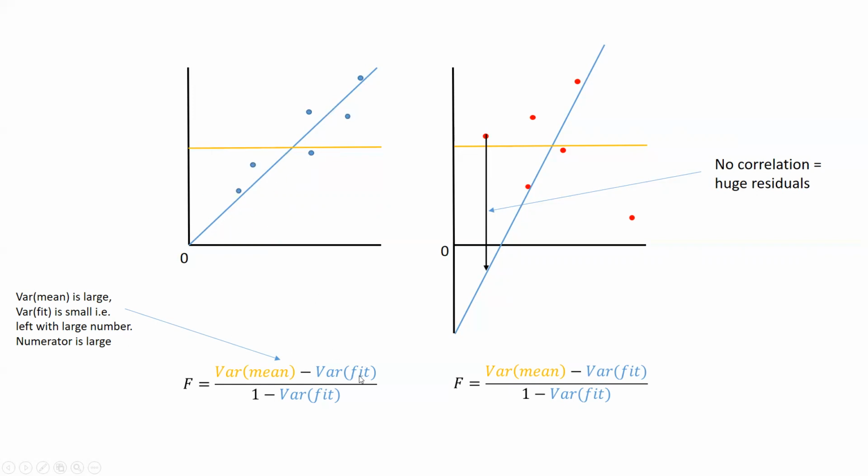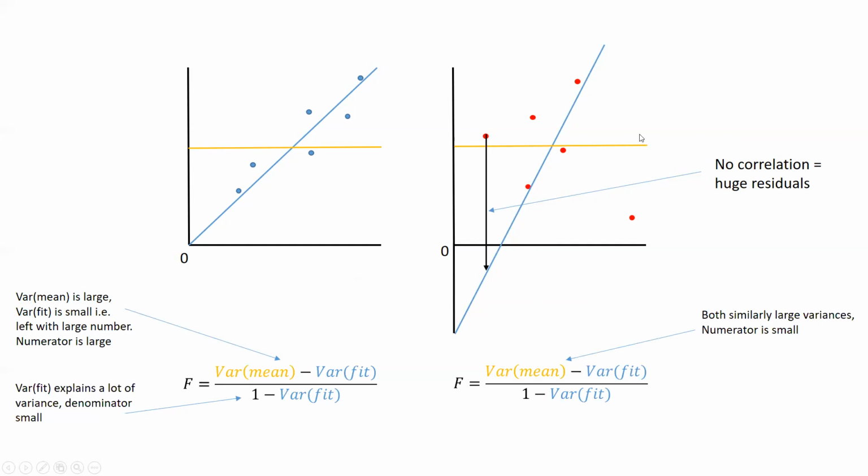So we're left with a large number in the numerator. And because this is correlated data, var fit explains a lot of the variance. This means the denominator is small. So a large number divided by a small number will end up with F being large.